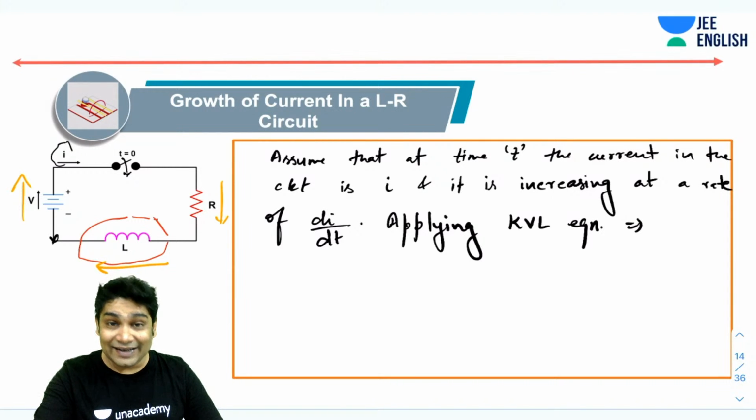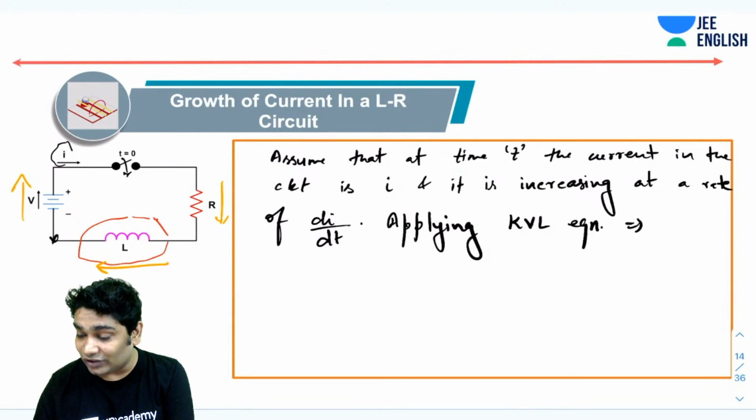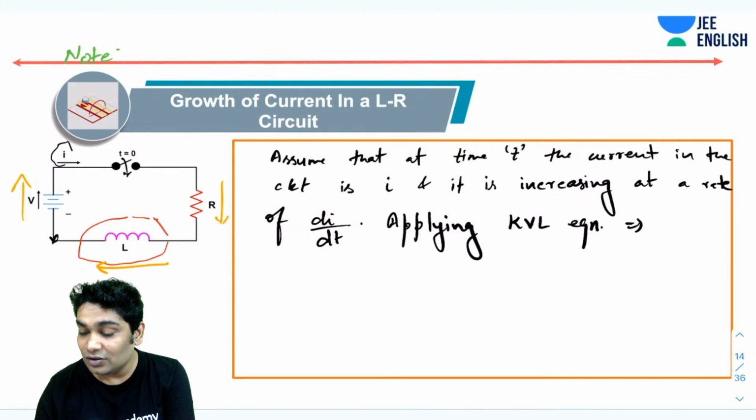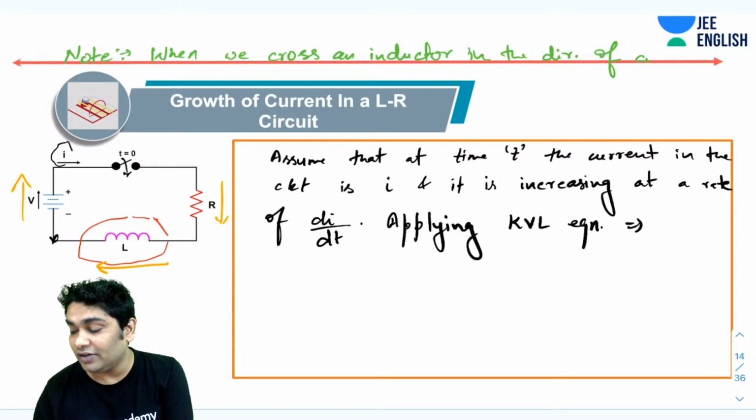Why? Because an inductor will apply a back EMF on the circuit. So let's make a note of that so that you remember it for the future. When we cross an inductor in the direction of current, what is the delta V that we will encounter?